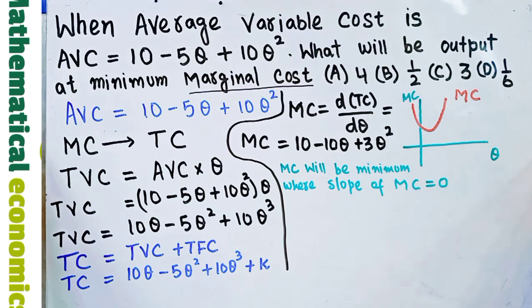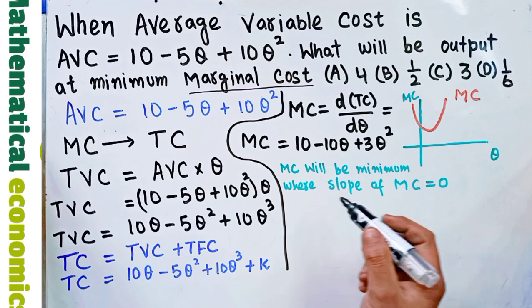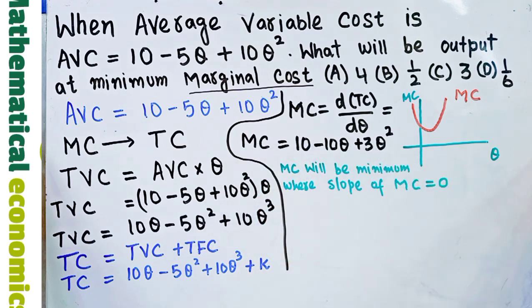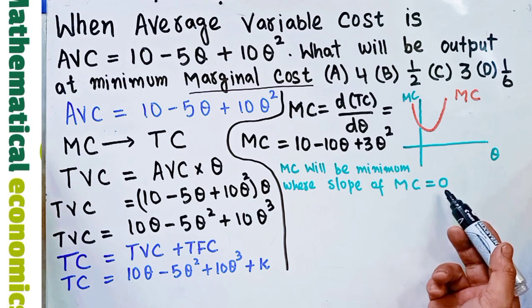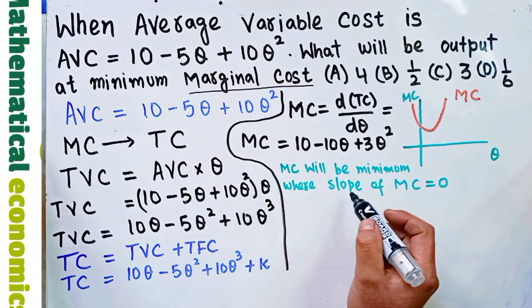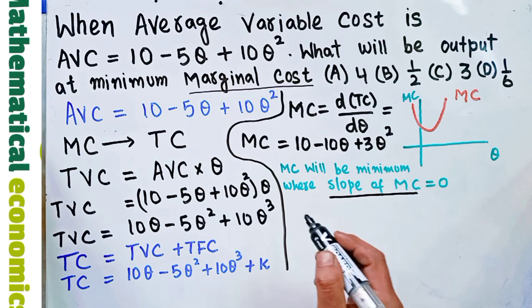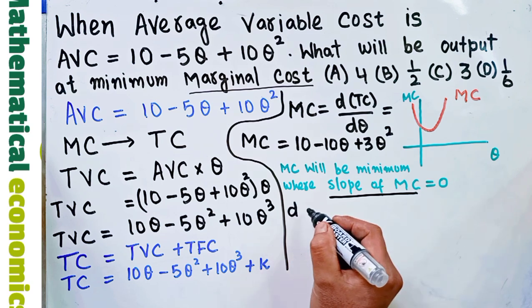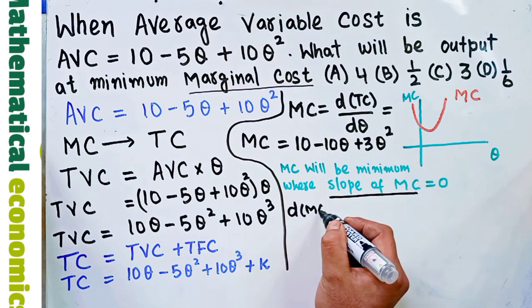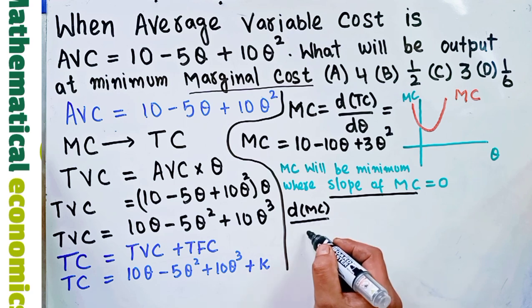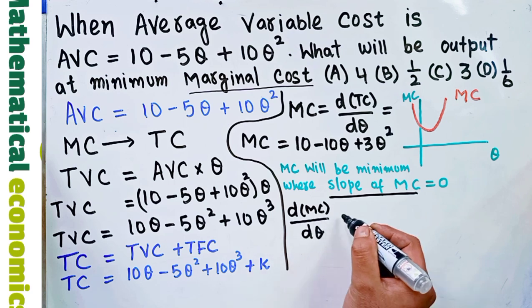Now what is the slope of the marginal cost function? That is the derivative of this marginal cost function with respect to output, and we set it equal to 0. So slope of marginal cost means the derivative of the marginal cost function with respect to output. It should be equal to 0.